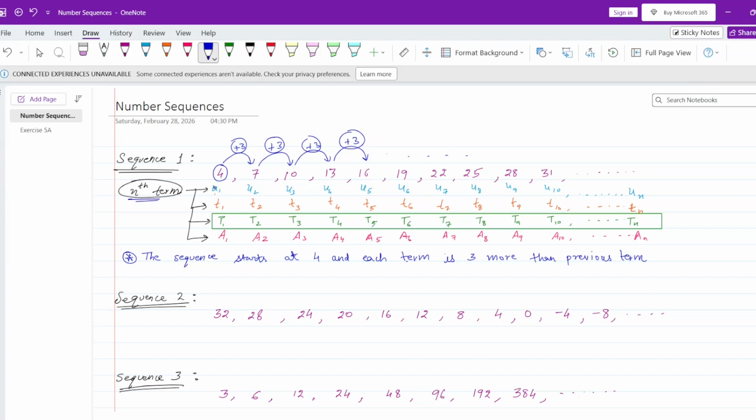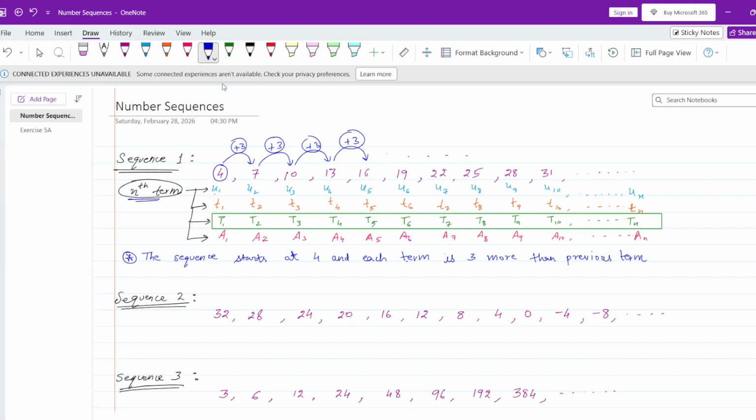We can also denote the first term using small t1 or capital T1 or capital A1. They all can be used to denote the term. Similarly, we can denote the second term using U2, t2, capital T2 or capital A2 and so on.